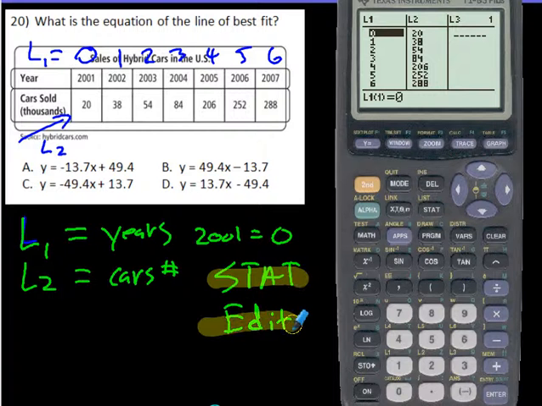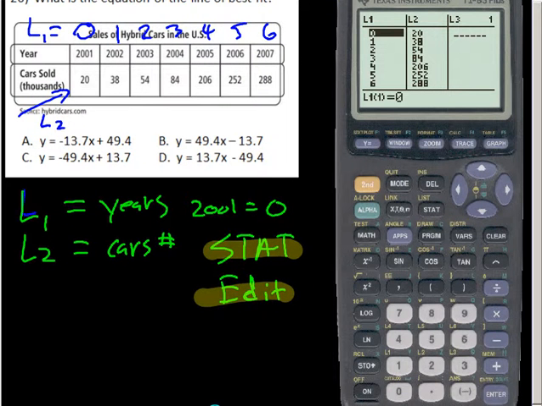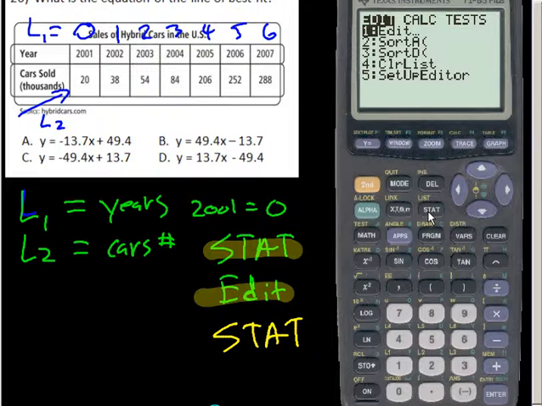Now we're going to go back to stat. I hit stat, and I'm going to calculate something, right? The edit menu is getting information in and managing it. This is calculating the information.